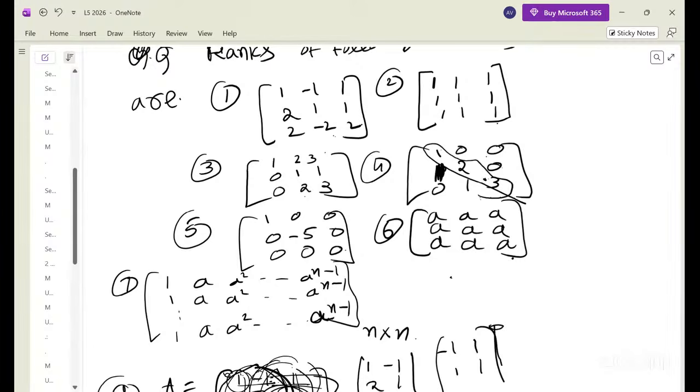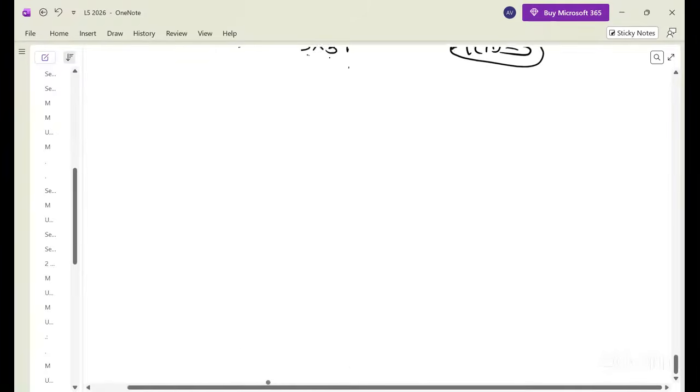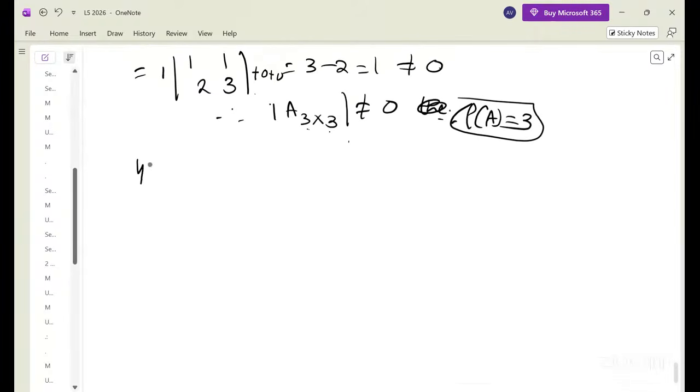For all three, how to find the determinant? Product of the diagonal elements. So what is the determinant of this matrix? 1 into 2 into 3, that is nothing but 6. Determinant is 6, not 0. 3 by 3 matrix, determinant not 0. So rank is 3. Now the fourth one, a very important concept. The determinant of what is that matrix?